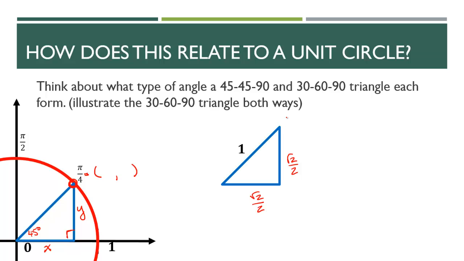So remember, if this is x root 2, in order for it to be 1, we'd have to divide by root 2. And since we can't have root 2 as a denominator, we multiply the top and the bottom by root 2 to get root 2 over 2. So that's where I got it from. Which means that pi over 4 is at root 2 over 2, root 2 over 2.